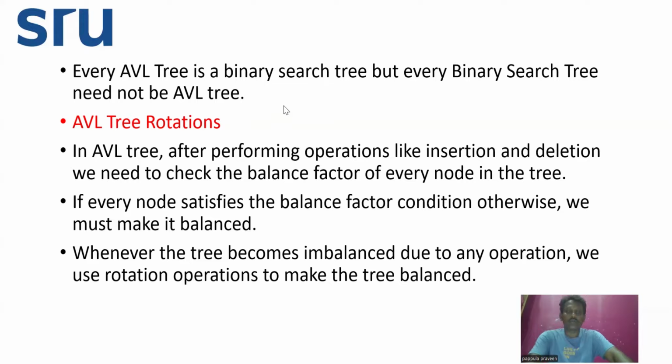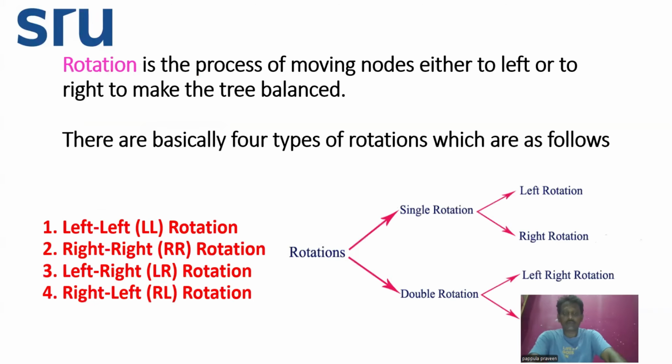So why do we need balancing? If your tree is not balanced, we can go for the rotation techniques. Rotation is the process of moving nodes either to the left or to the right to make the tree balanced.